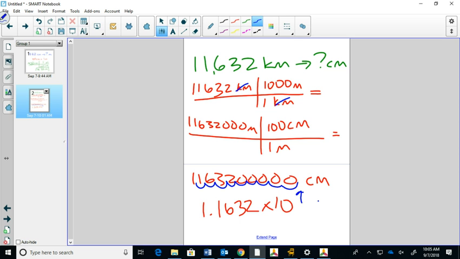Times 10 to the 9 centimeters. And all that does is save us from all those pesky zeros. Because remember, for scientific notation, it's always between 1 and 9.9 repeating. That's always what we move the decimal point to get us to.